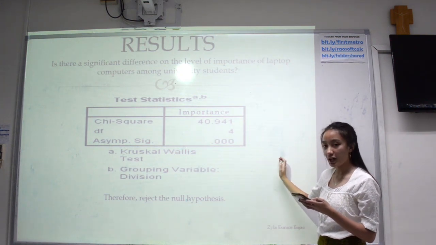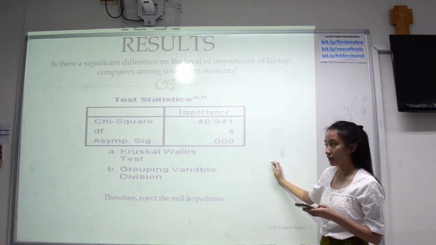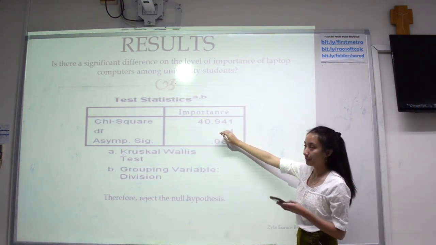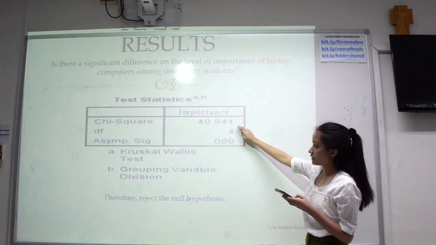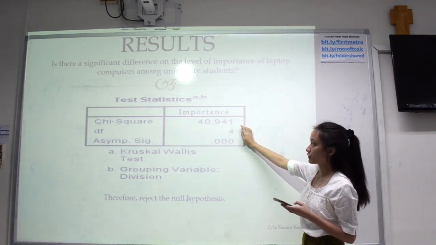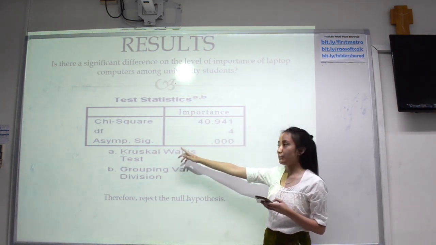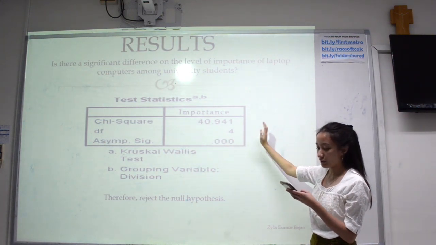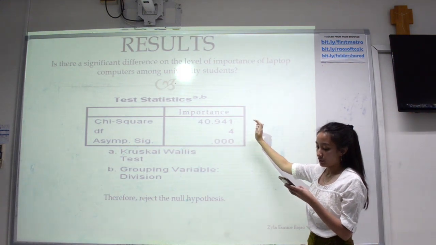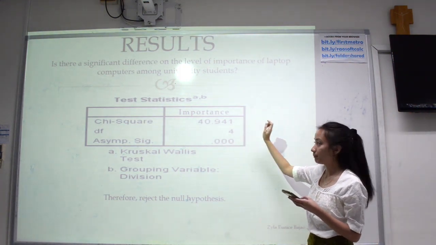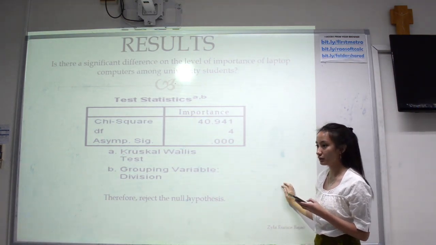But if it is less than the critical value, the hypothesis cannot be rejected. As you can see, the chi-square value results to 40.941, and the degree of freedom results to 4. The chi-square value is more than the critical value, so therefore we reject the null hypothesis.